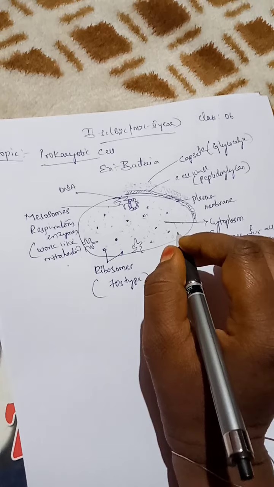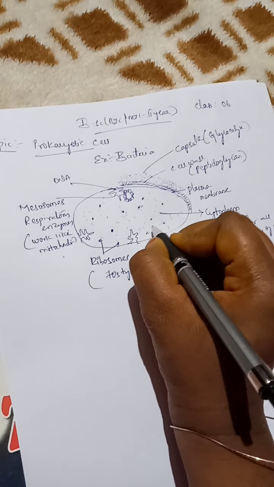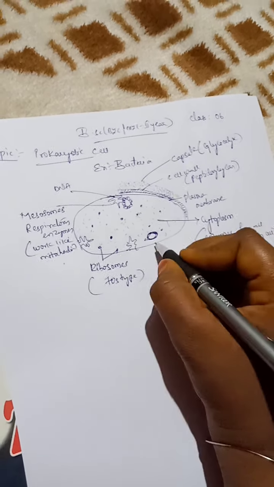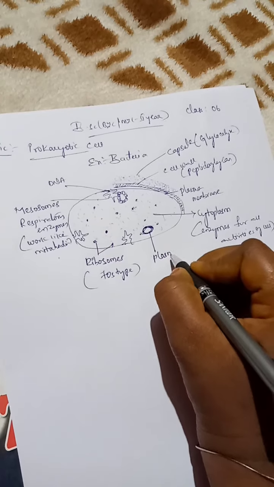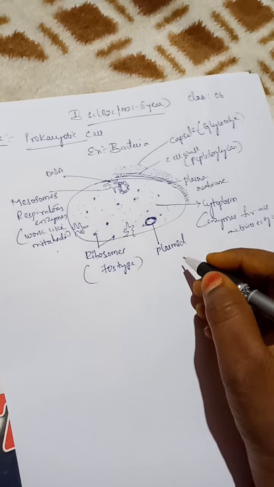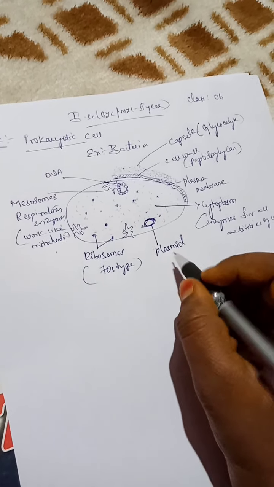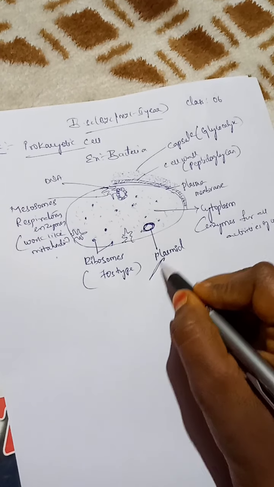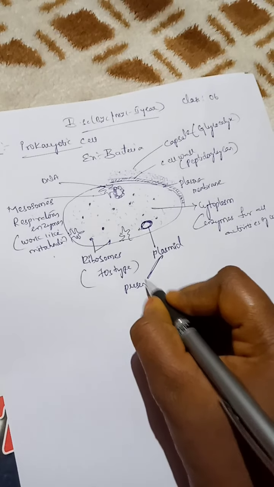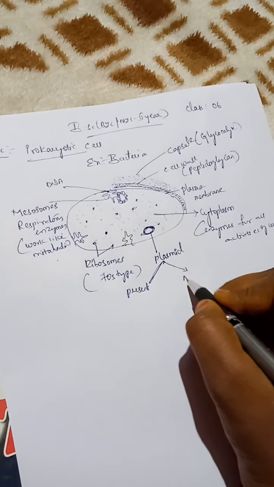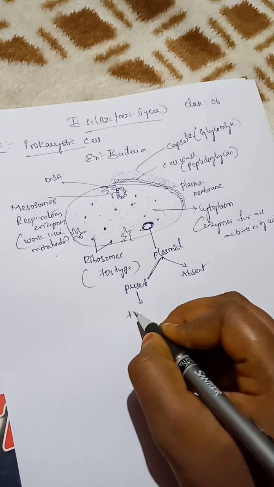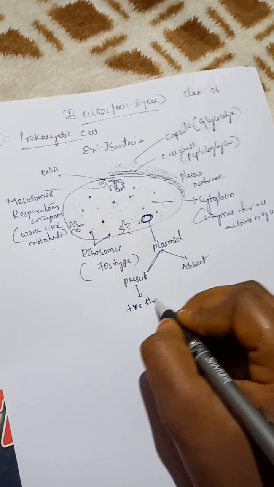Next, the important structure we are going to discuss is the presence of an extranuclear genetic material called plasmid, which is very important. If the plasmid is present in the bacterial cell, then we can say it is a positive strain.